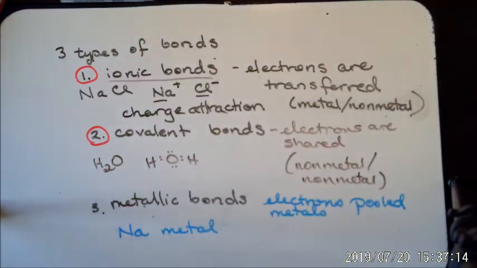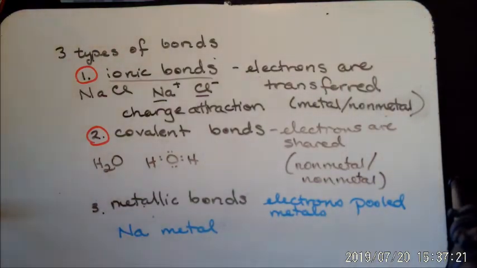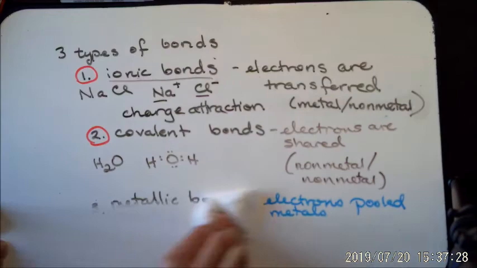Okay, so let's talk a little bit about how we're going to denote these, how we draw them. When we do this, we're going to talk about Lewis dot structures and valence electrons.